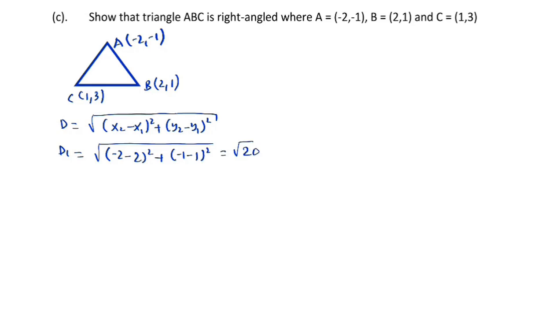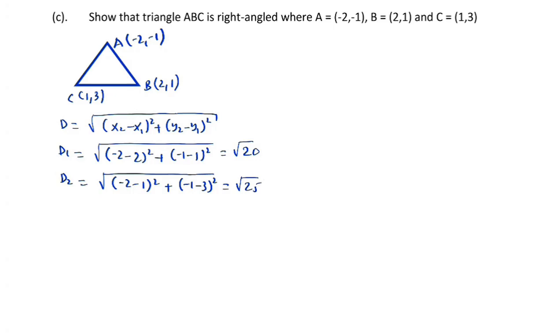Okay, so next let us take points A and C. We are going to call this distance D2. We are going to have D2 equals under root in brackets -2 minus 1 squared plus in brackets -1 minus 3 squared, which after solving we are going to have under root 25.